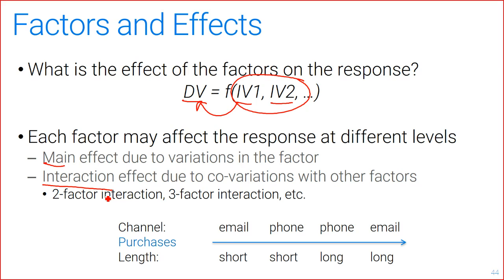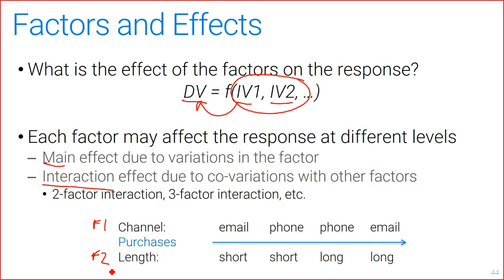So let me give you an example. Imagine that I work at Bol.com or at Amazon, and I have this new advertisement campaign, and I'm going to communicate with my customers through email or phone. So factor one here is the communication channel, and there are two possible levels, email or phone. And then I have another factor, factor two, which is the length of the message. Is it going to be a short or a long message?